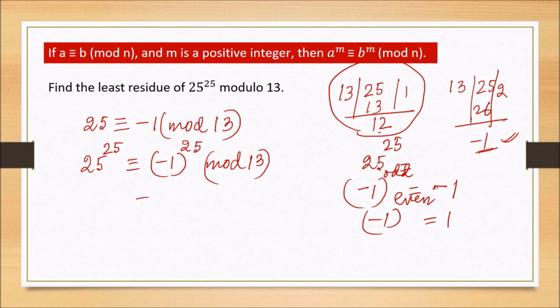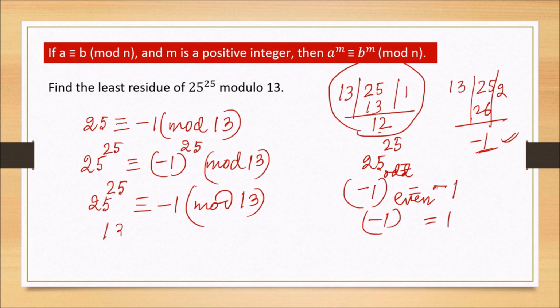So this will be negative 1 mod 13. Then is the least residue negative 1? No, because a residue is always written as positive. So I'll write 13 minus 1, that will be 12 is the least residue.